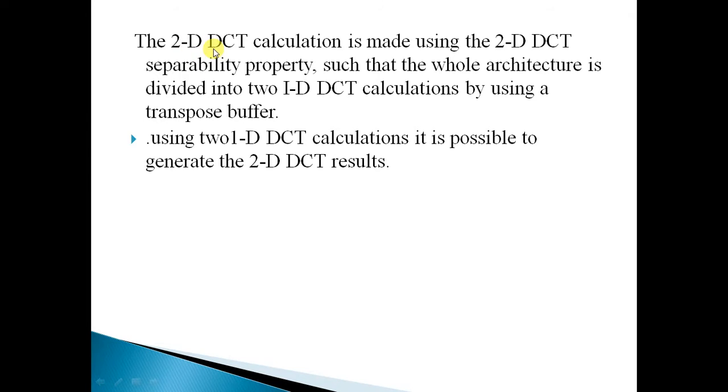Here the 2D DCT will be divided into 1D DCT and 1D DCT. Using this 1D DCT calculation, it is possible to generate the same result as this 2D DCT.